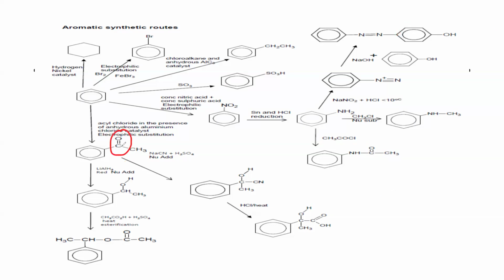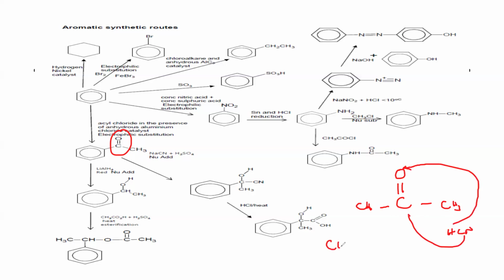Then this is a ketone group. If I react with NaCN and sulfuric acid, a nucleophilic addition reaction will take place. If you remember what we did, if we had C double bonded with O and there was CH3 and CH3, and we react with a KCN and HCN mixture, the hydrogen will be added here and CN will be attached here.